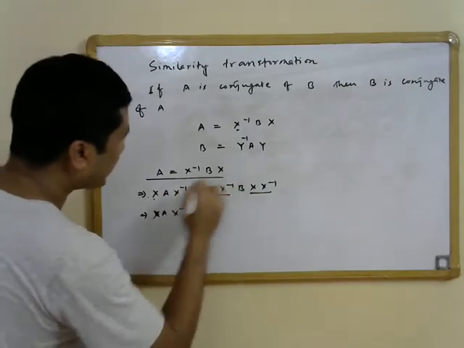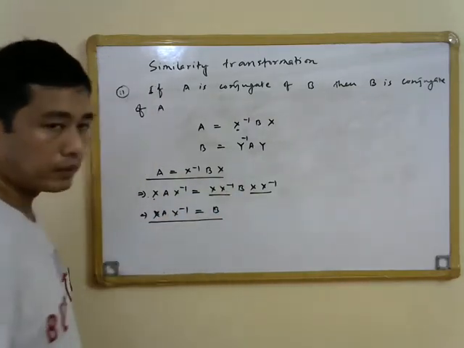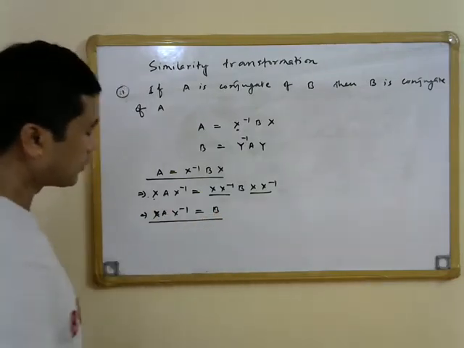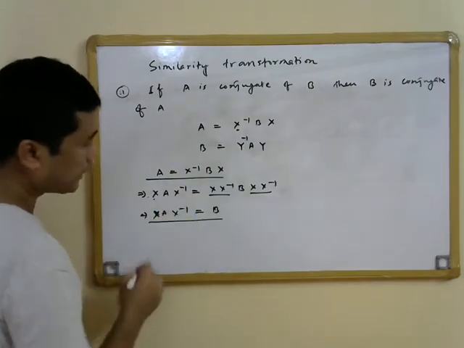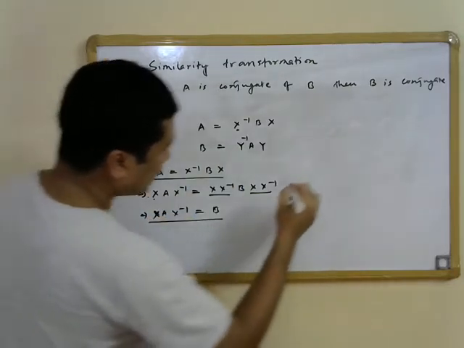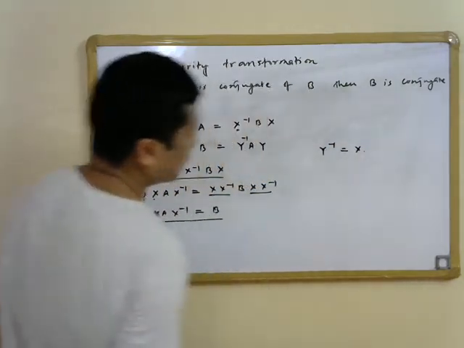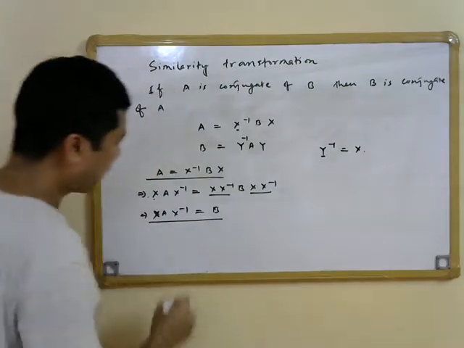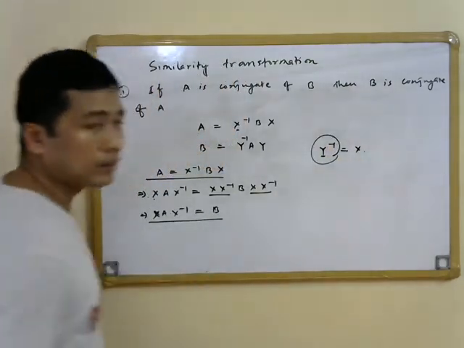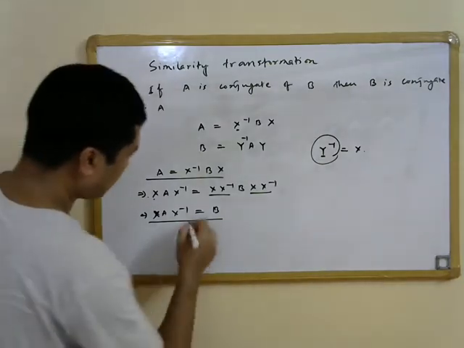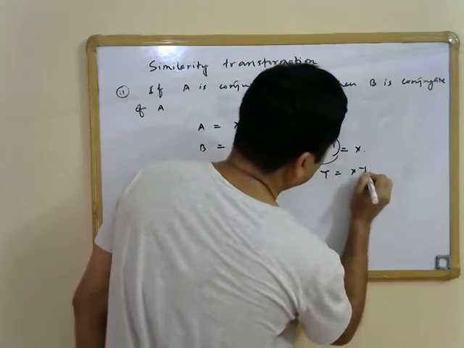So when this expression is correct, we also have that B is also conjugate of A, where since X is an element of the group, there must be another element in the group such that Y inverse is equal to X. Because Y is the inverse of X, since X is an element of the group, it must have an inverse, and let's assume its inverse to be equal to Y. So since X is equal to Y inverse, we know Y will be equal to X inverse.